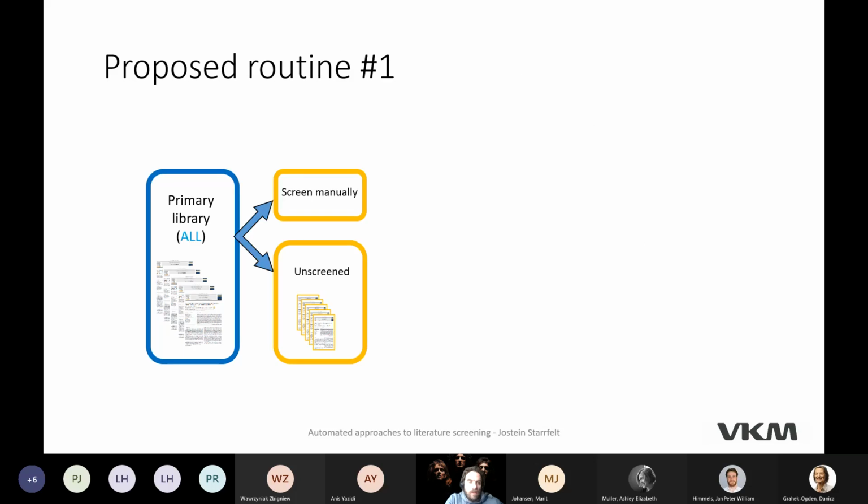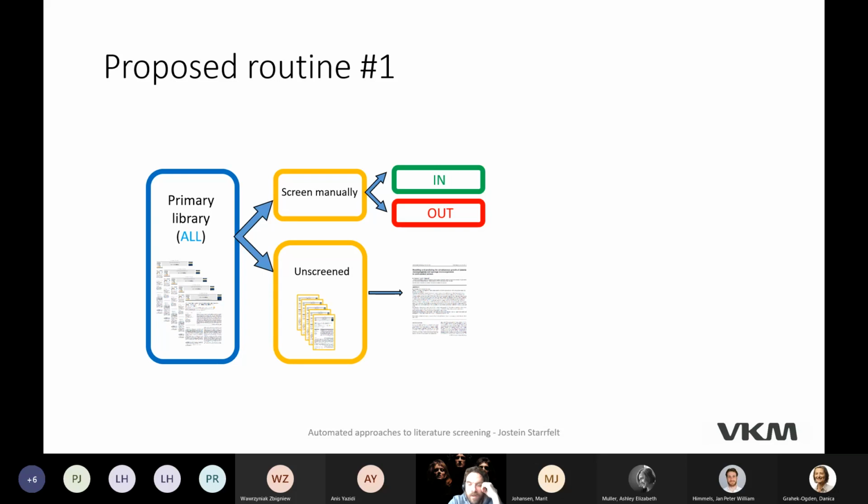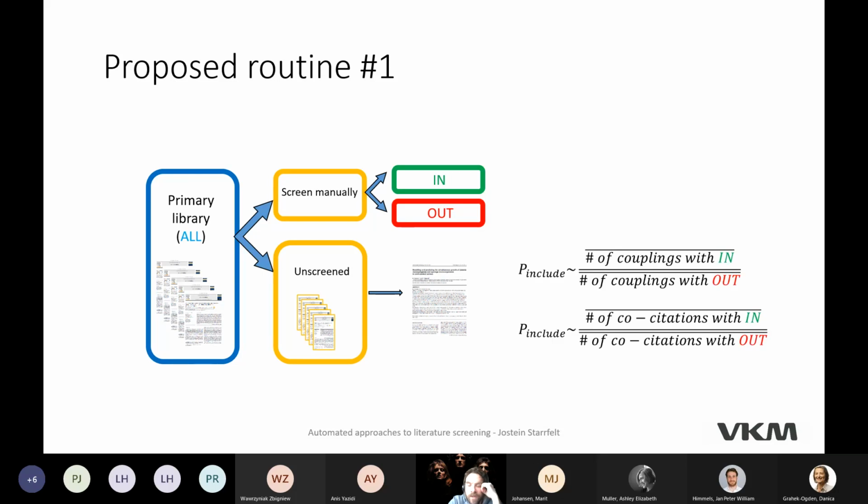This is a very simplistic way of showing the basic idea: you have a primary library, you screen some manually, some are included, some are out, and you leave some portion of this big library unscreened, just as presented earlier today.